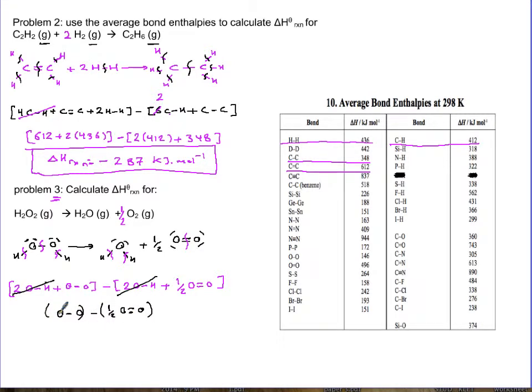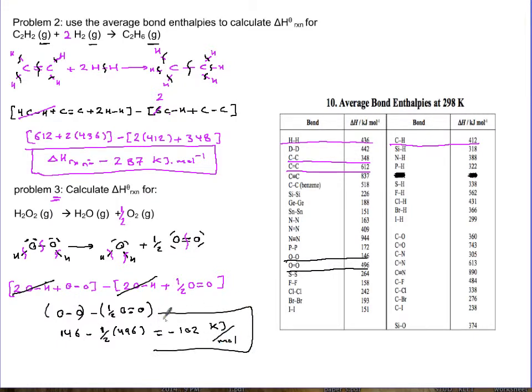And then it's easy, we just put 146 kilojoules per mole minus half of 496. When you do that, you get negative 102 kilojoules per mole. And that's your final answer using average bond enthalpies.